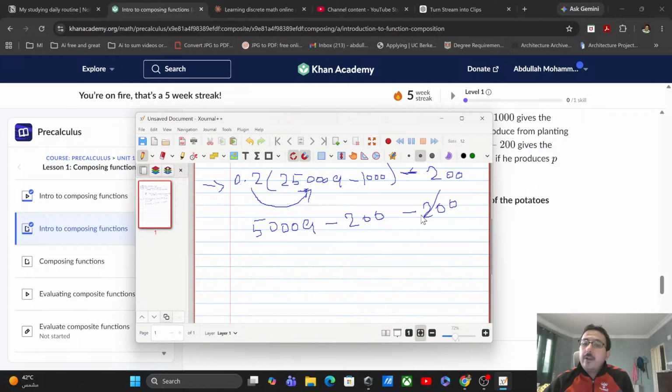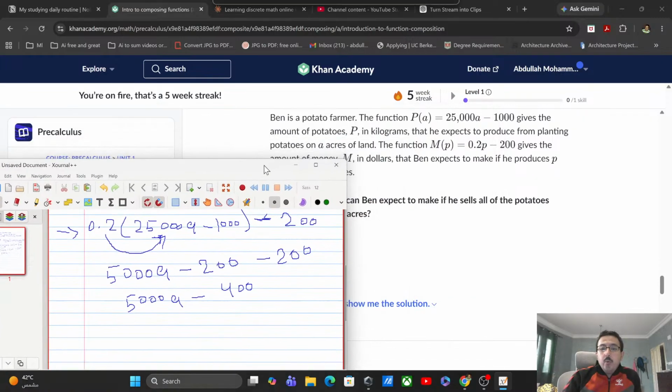This will not cancel. Sorry. Take the stroke, delete stroke. Get this one. So it's gonna be 5,000 A minus 200 and minus 200, minus 400.